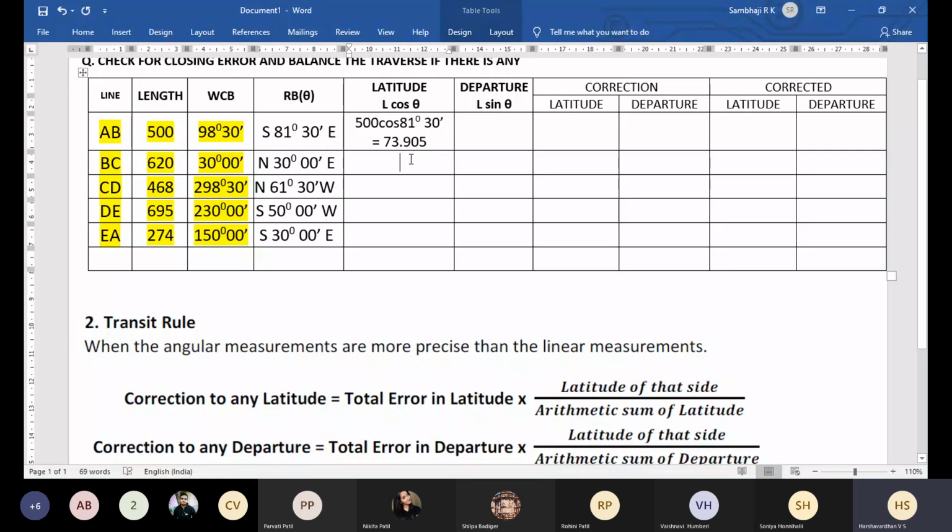For the next line, it is 620 cos of 30 degrees.